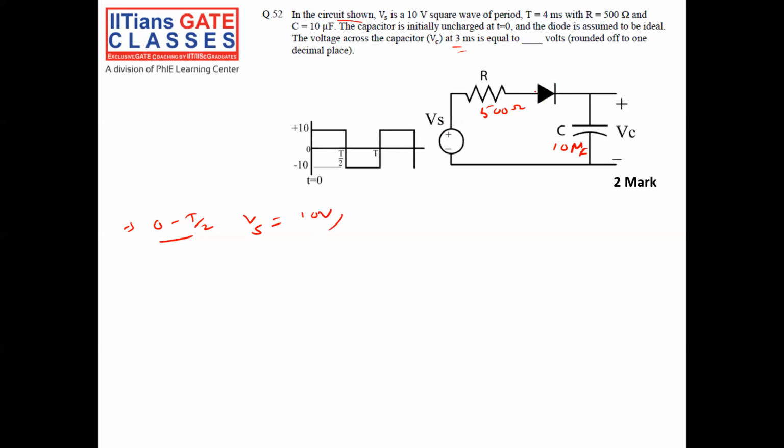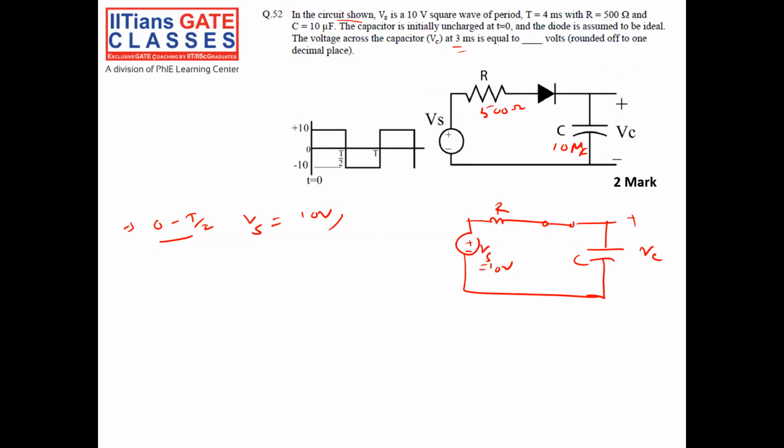So it will forward bias the diode, and it will behave like a short circuit. So the equivalent circuit will be a short, with Vs equal to 10 volt, R, and C with voltage Vc. This is a simple RC circuit.